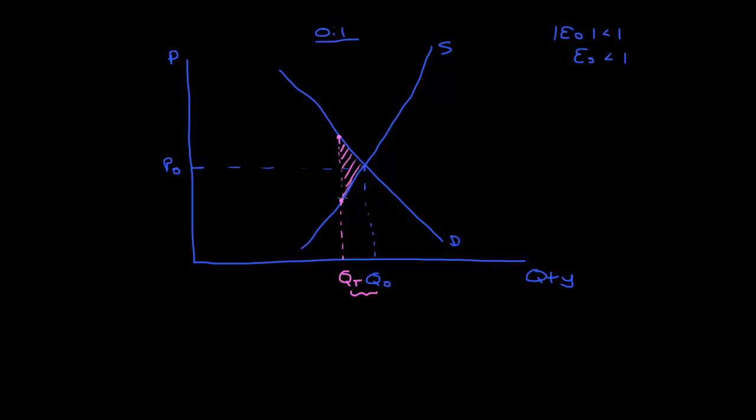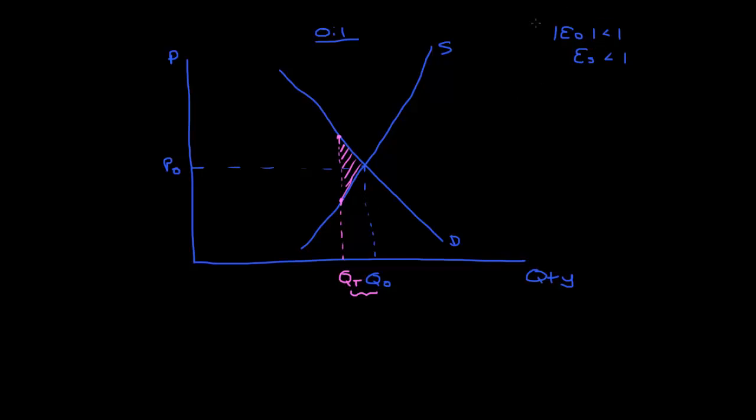The deadweight loss is going to be much smaller if the demand and the supply curves are relatively inelastic. So that's what I want to emphasize in this particular slide: the value of the deadweight loss will be smaller if both the demand and supply curves are fairly inelastic.